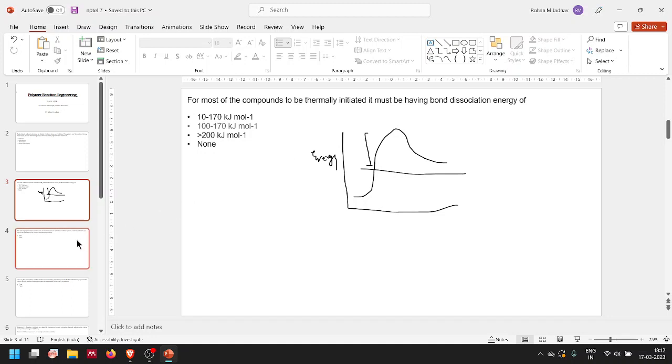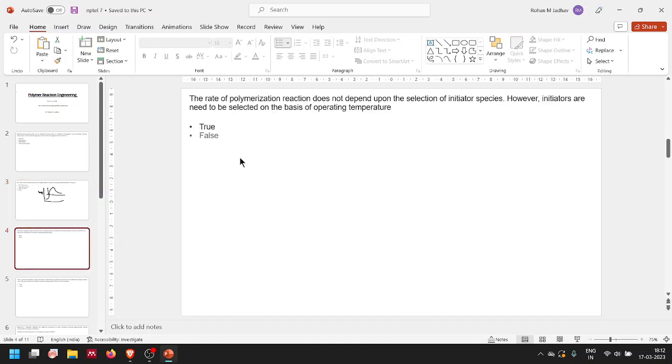Moving on, we have: the rate of polymerization reaction does not depend upon the selection of initiator species. However, initiators need to be selected on the basis of operating temperature.